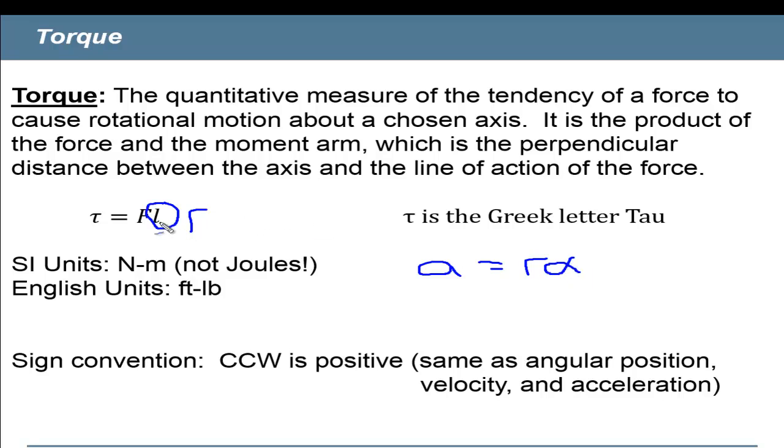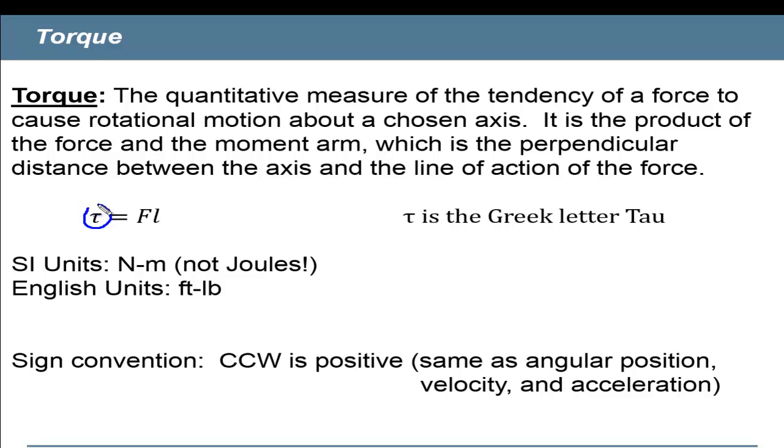This L right here is essentially the same as this R right here. It actually is the same length. That's where it comes from. And so torque is that radius times some force, right? So the definition of torque is some force times some moment arm, we call it.